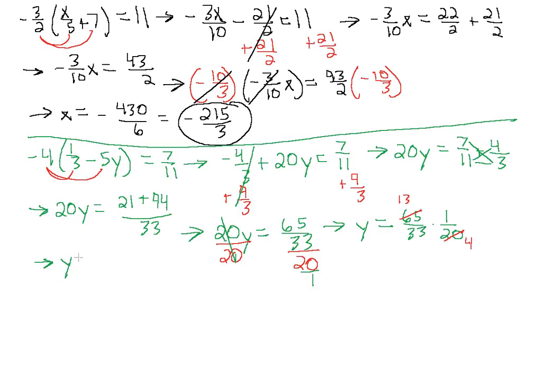So we have y equals 13 over 33 times 1 over 4, and that's much easier to deal with. Simplifying makes calculations much easier. So we have 13 times 1, which is 13, and 33 times 4, which gives us 132, and that's our answer.